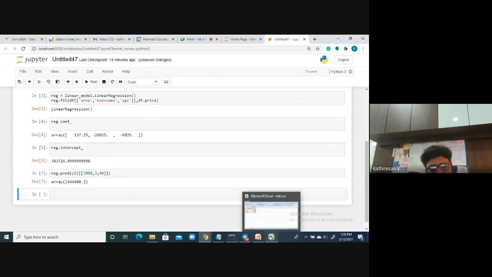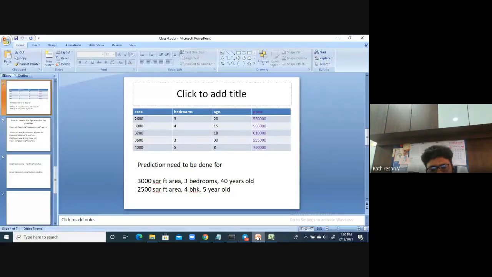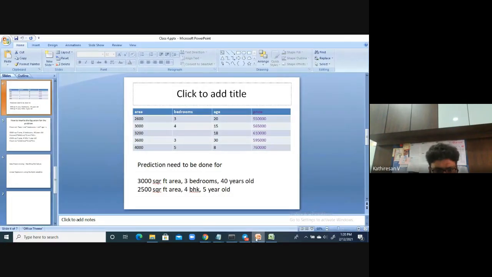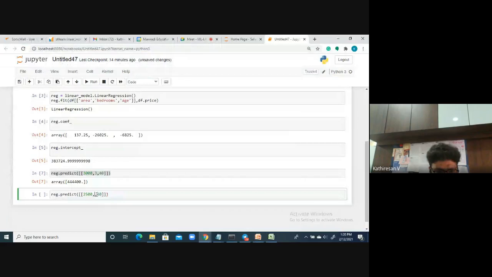The same way you can find the price for 2500 square feet, 4 BHK and 5-year-old.